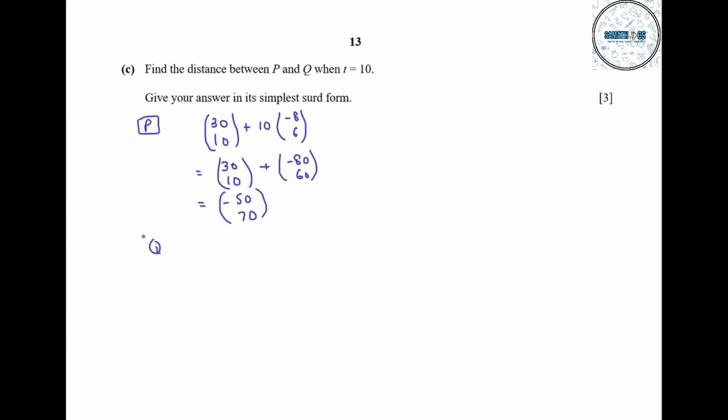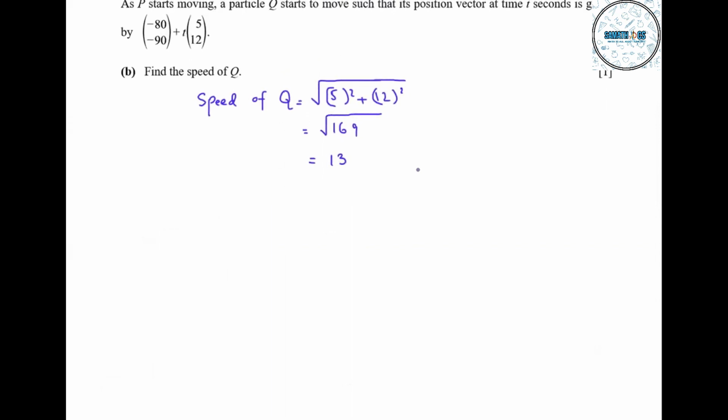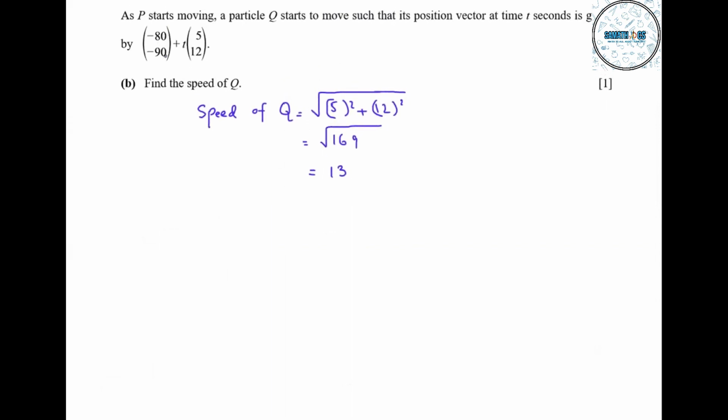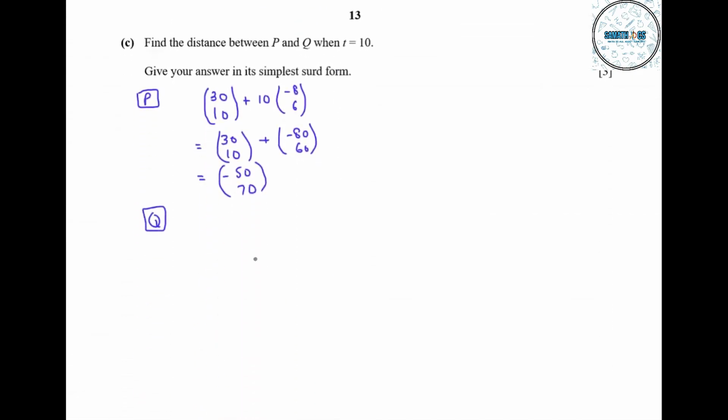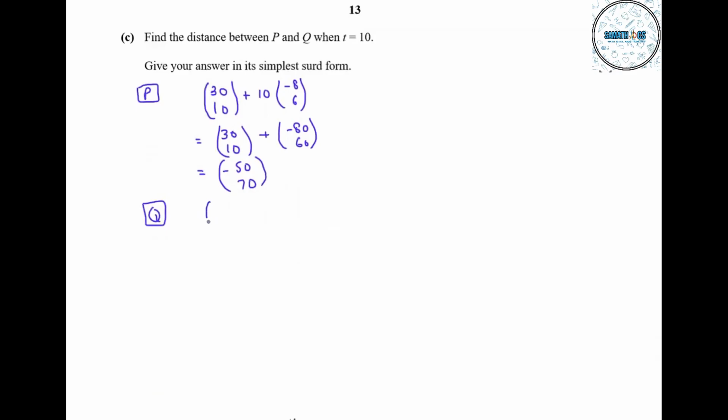For Q, it was already given in the question that it is minus 80, minus 90 plus t into 5, 12. So we can substitute here minus 80, minus 90 plus 10 into 5, 12.